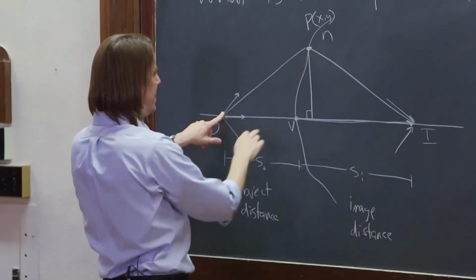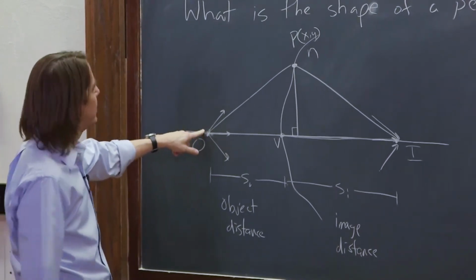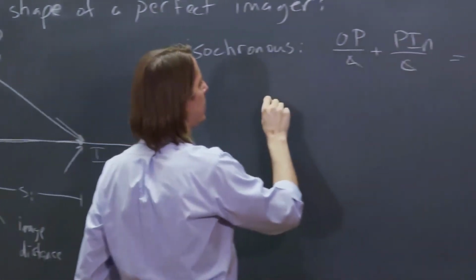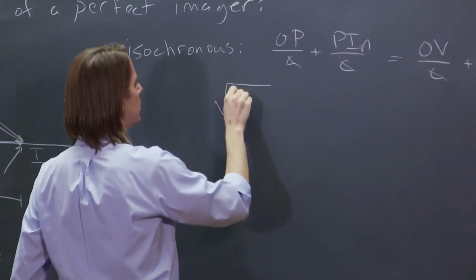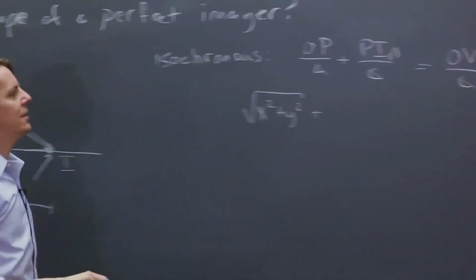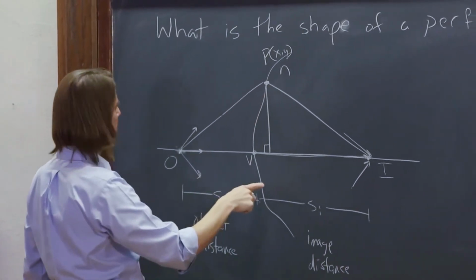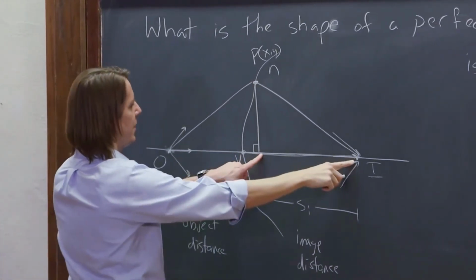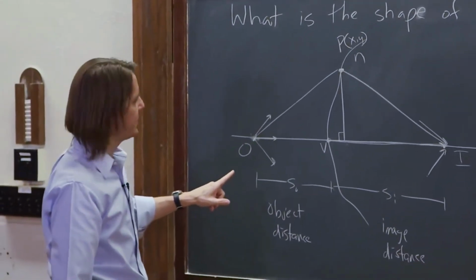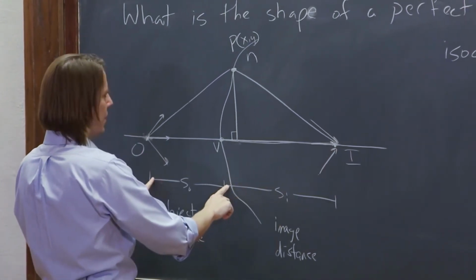O to P is the square root of x squared plus y squared. Then n times PI. That isn't quite the image distance, right? This distance is S_I.